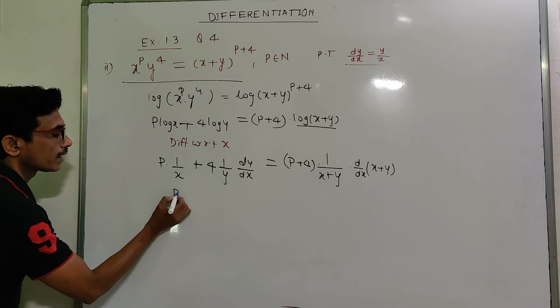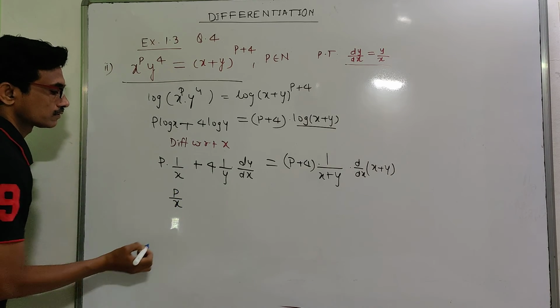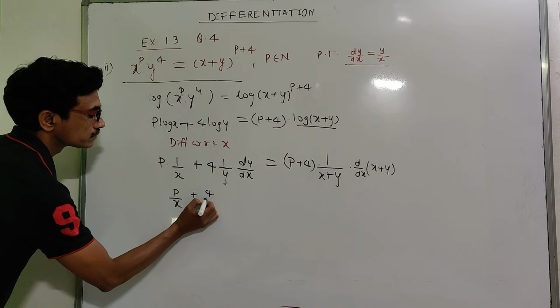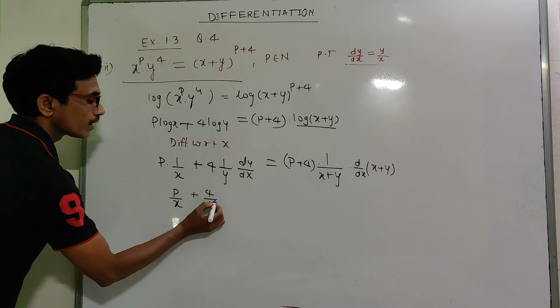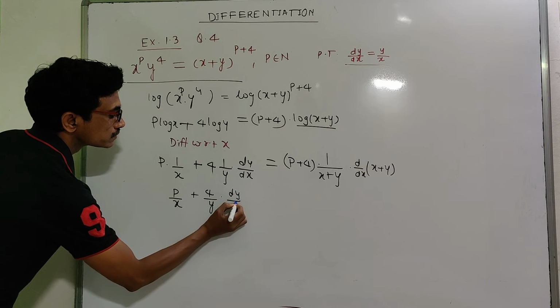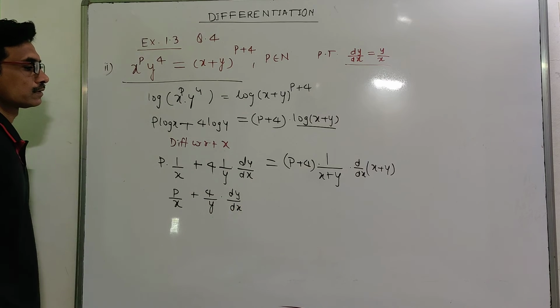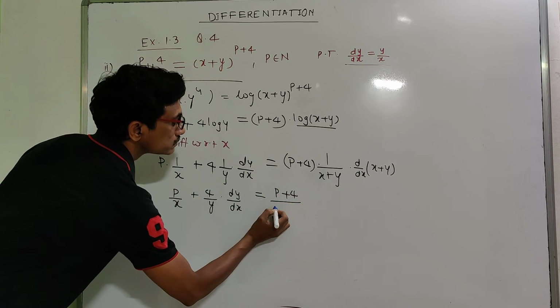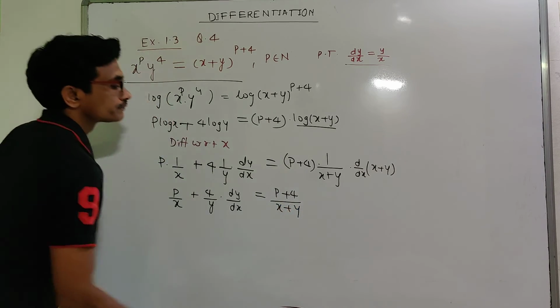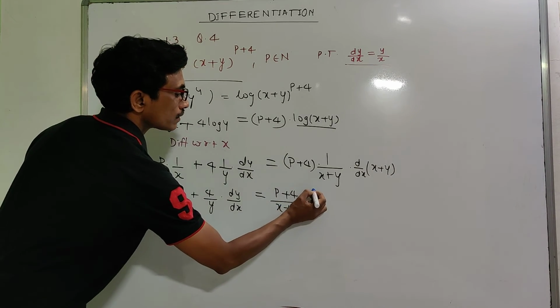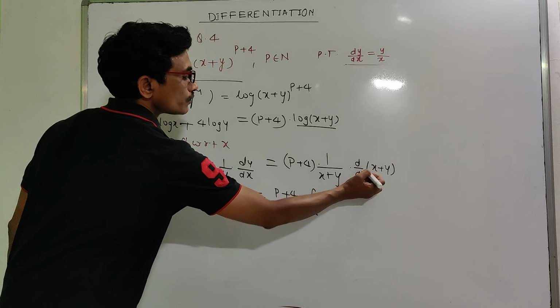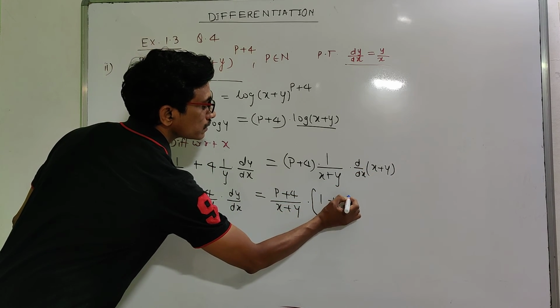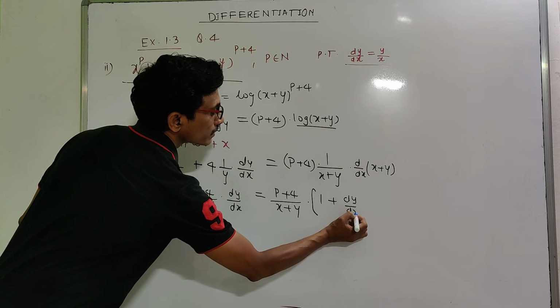So we get p by x plus 4 by y dy by dx is equal to (p plus 4) upon (x plus y), derivative of x is 1 plus derivative of y, dy by dx.